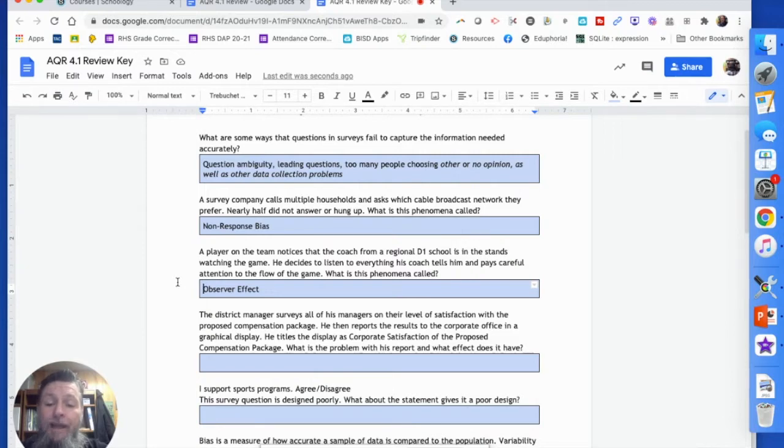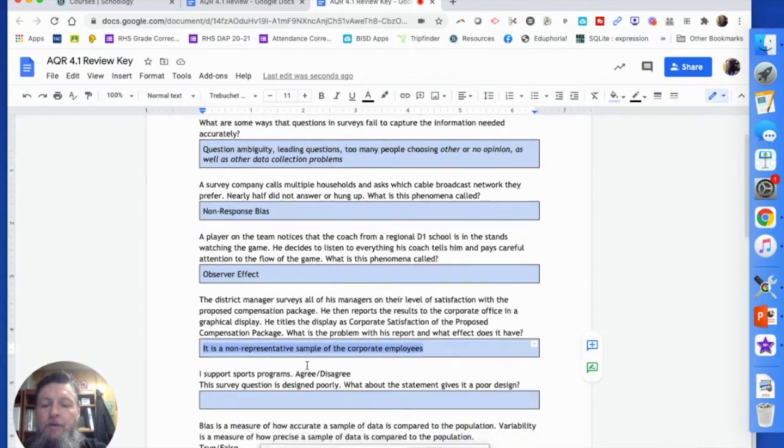What we call that is that it doesn't represent the entire corporation. It just represents his district. So we call that a non-representative sample of the corporate employees. That's why we call it non-representative. It doesn't represent the demographics of the whole corporation. It just represents the demographics of his district.